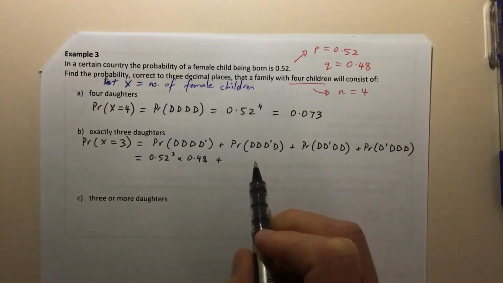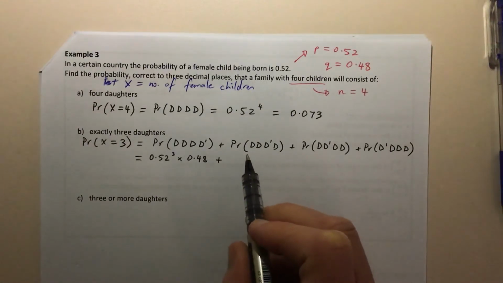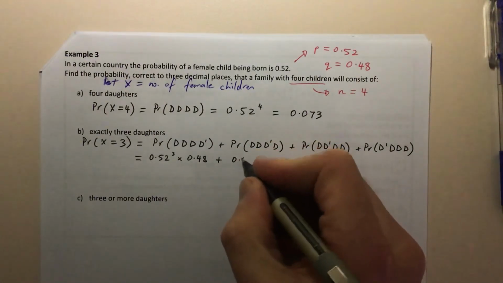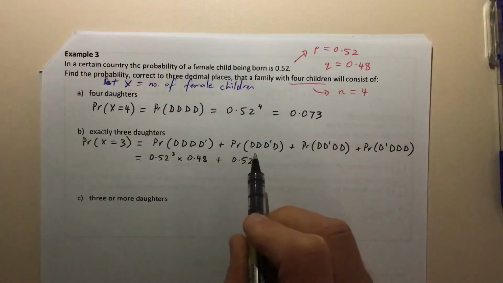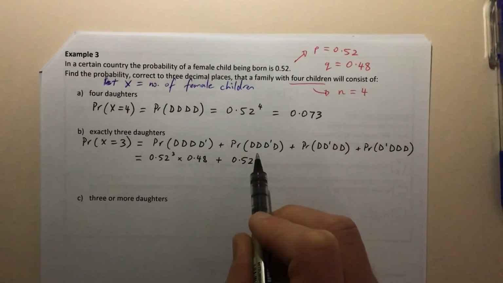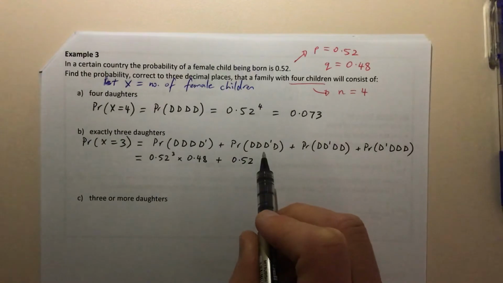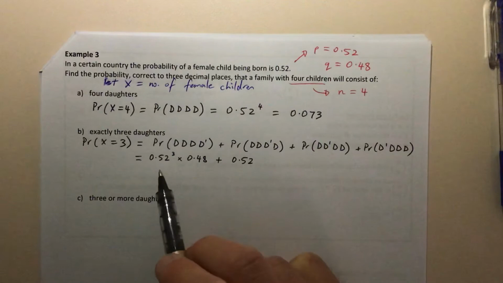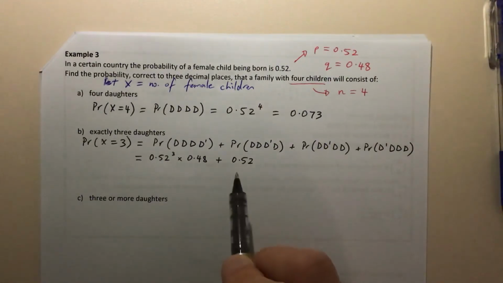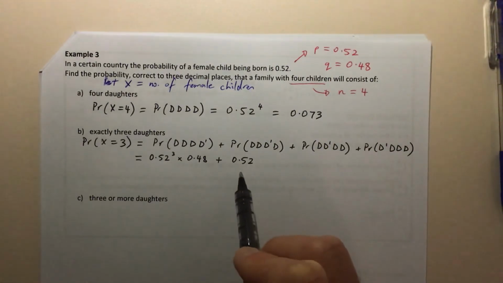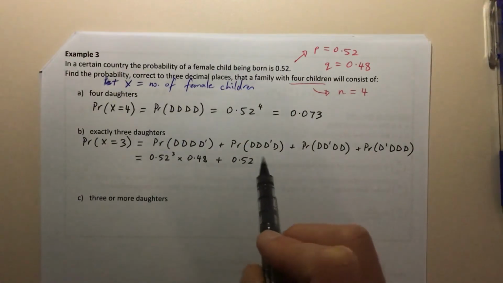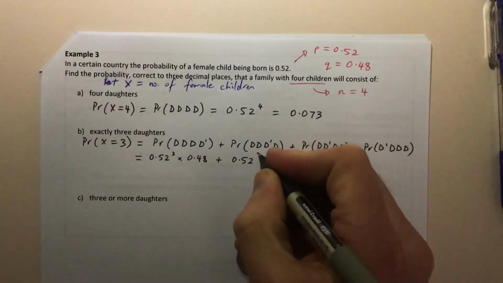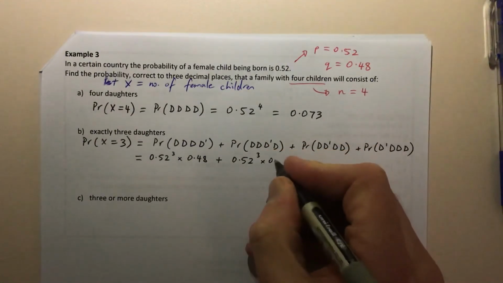Okay, now let's look at the second calculation. We would want a female child born first, so 0.52, that's the probability of that occurring, times 0.52 again, times 0.48, times 0.52. Now that's actually just the exact same multiplication, but in a different order. But we know that with multiplication, the order doesn't really matter. We're still going to be multiplying 0.52 3 times, and then multiplying 0.48.